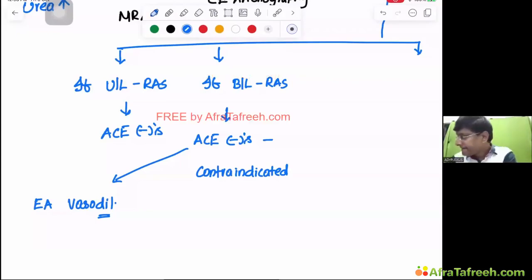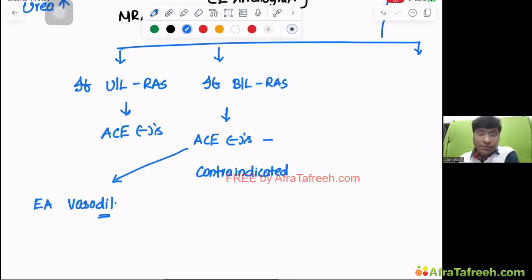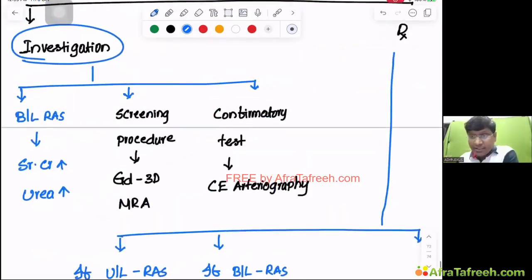The other is hyperkalemia. When the individual has severe hyperkalemia, then these ACE inhibitors are contraindicated. Pregnancy, hyperkalemia, absolute contraindication.